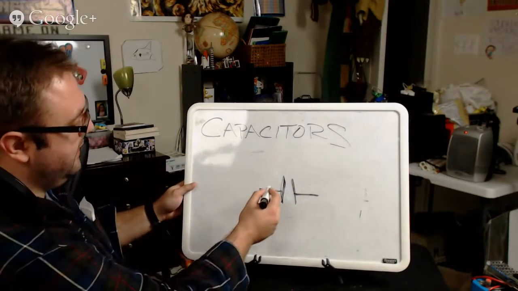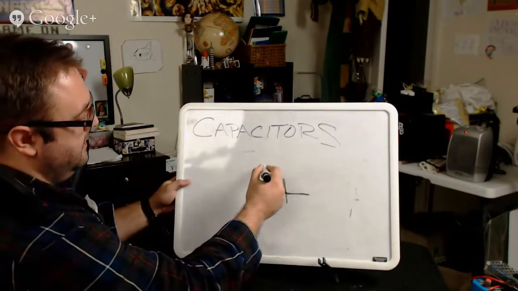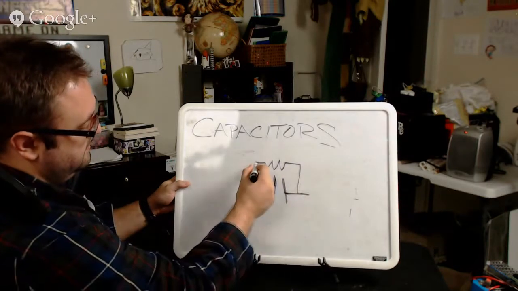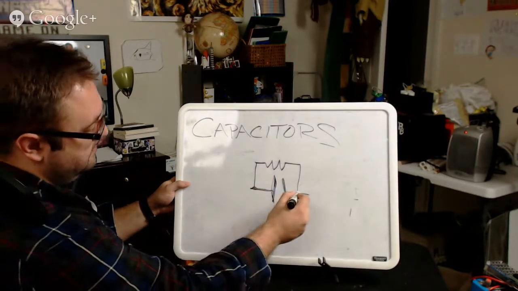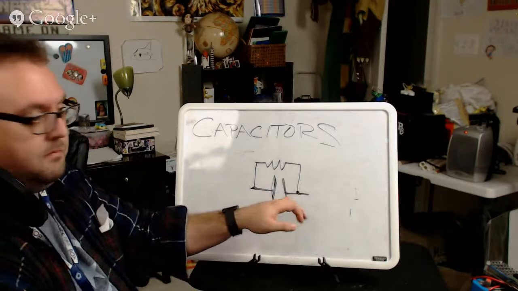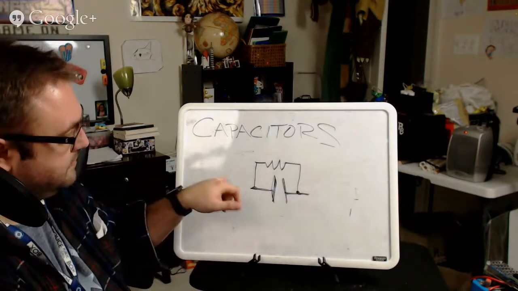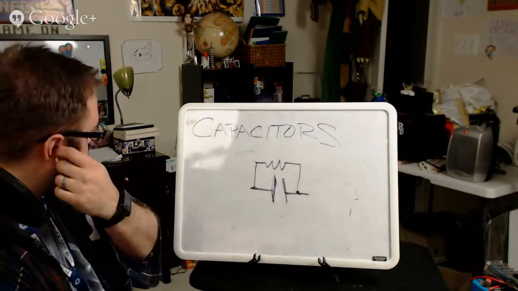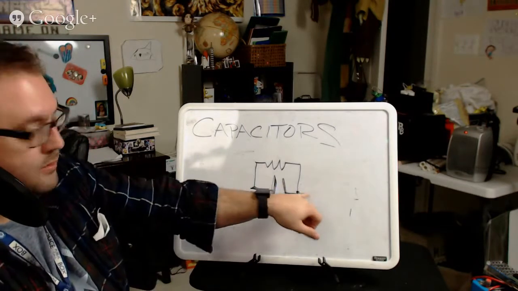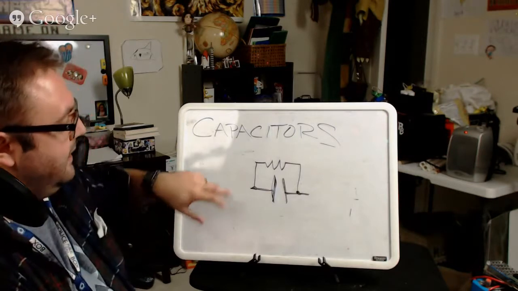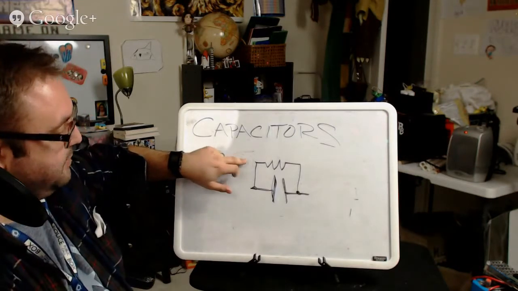The reality is there is a leakage current. A very, very small amount of current does flow through the dielectric from one lead to the other. Very small, but it does exist, and we call it leakage current.